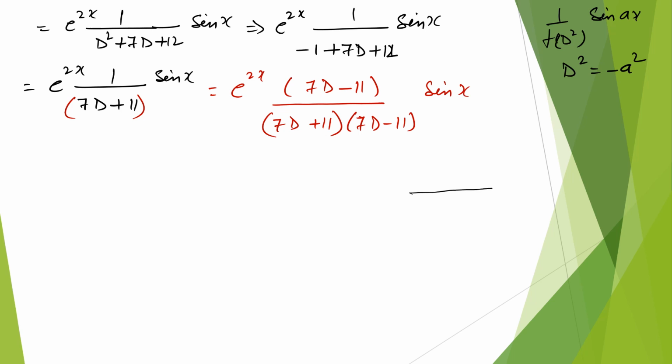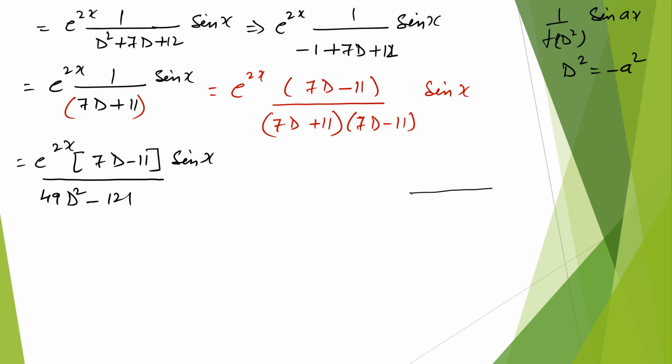So finally we get e to the power 2x into 7d minus 11 into sine x, and the denominator will be 49d square minus 121. To solve this value, again we replace the value of a as 1.